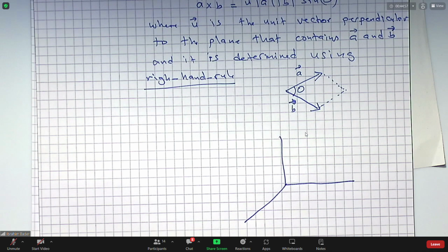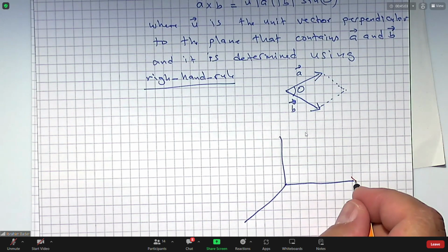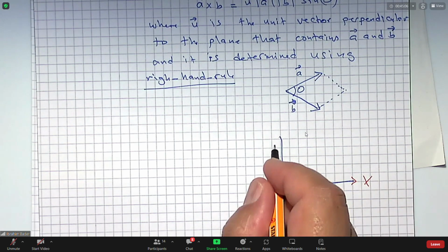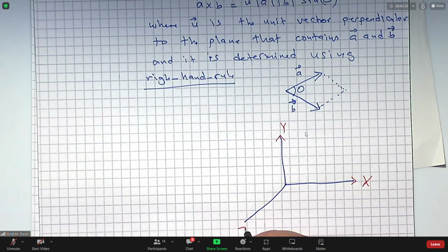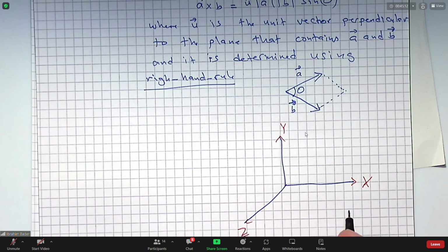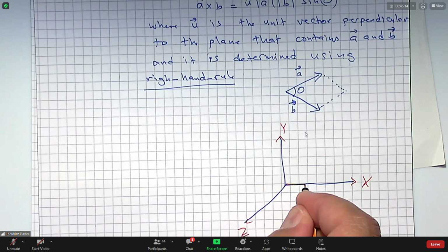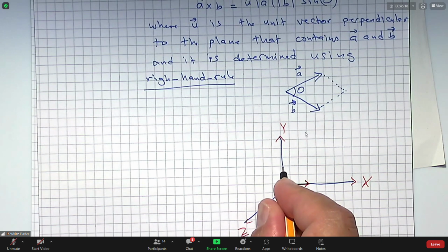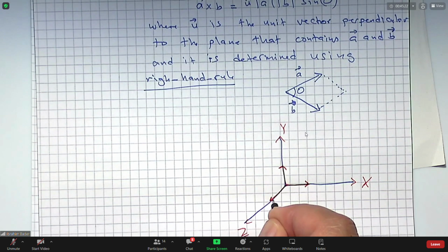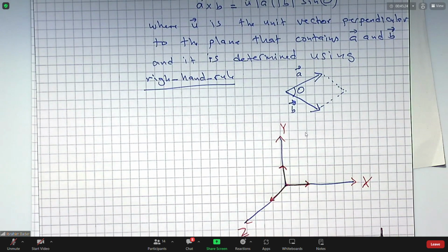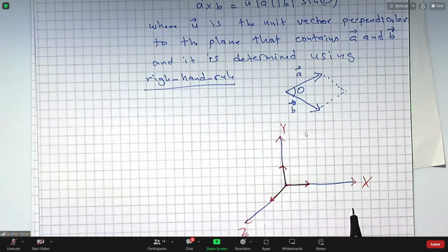The first vector was 1, 0, 0. Okay, so first of all, let's agree on the axes here. This is X, this is Y, and this is Z. Now, a vector that is exactly 1 unit here, a vector that is exactly 1 unit here, a vector that is exactly 1 unit here. These vectors are called unit vectors in each direction.